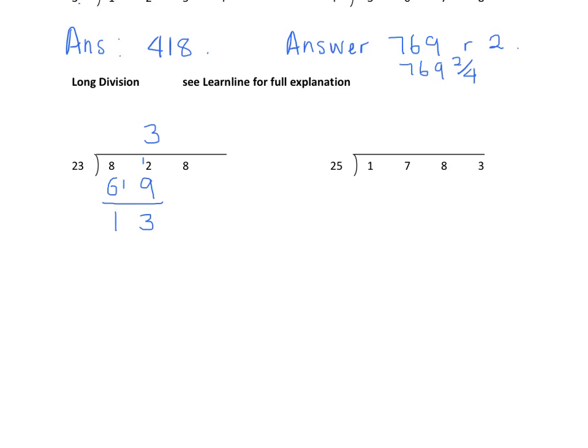Okay. We still haven't finished off because that 3 is in the tens column, so now we can't divide 23 into 13. It won't go, so we need to bring down the 8 from the units column and rewrite this as 138. So now we can say how many 23s are there in 138? The answer is going to go in the units column.